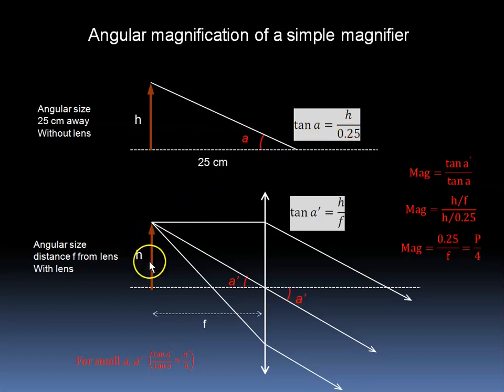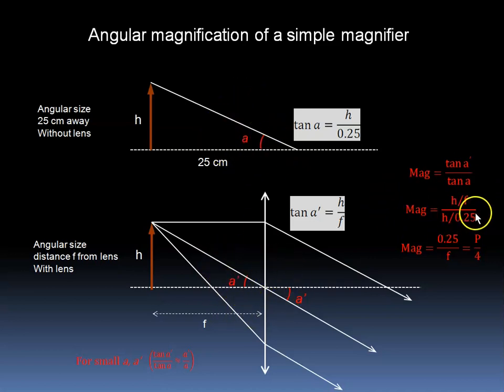In this case, we have the same object located at the primary focal point of this lens. This subtends an angle alpha prime. The tangent of this angle is equal to the opposite over the adjacent, which is now h over f, the focal point of this lens. We can then take the tangent of alpha prime, divide by alpha, and get the magnification, comparing the visual angle of this situation with this one.